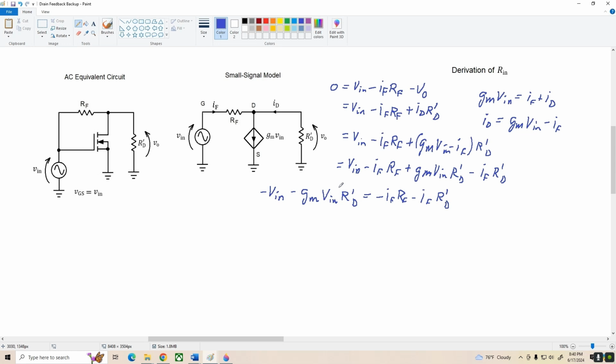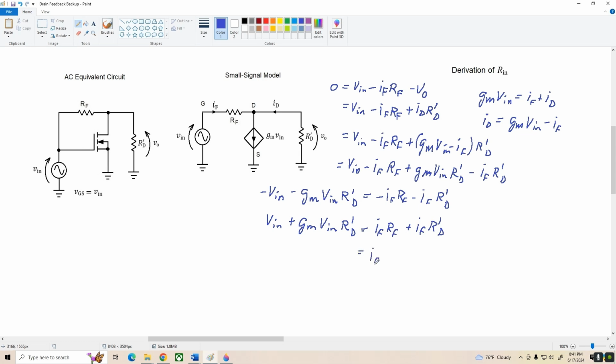And let's get rid of all these negative signs. We'll multiply both sides by -1. So that gives us V in plus gm times V in times R prime D equals I sub F times RF plus I sub F times R prime D. And we're almost there. We're going to factor I sub F out of these two terms.